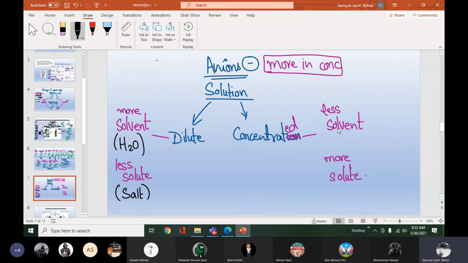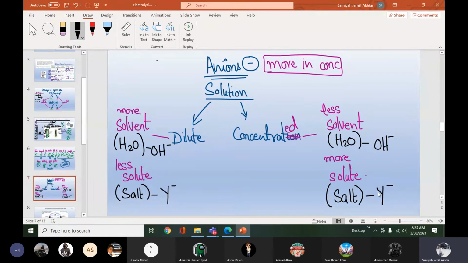In concentrated solution we have less water and more salt. Solvent, water, will give OH negative ions and salt will give Y negative, whatever the Y is. And in concentrated solution also, water will give OH negative and salt will give Y negative.